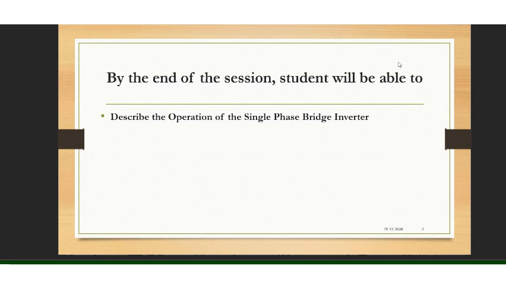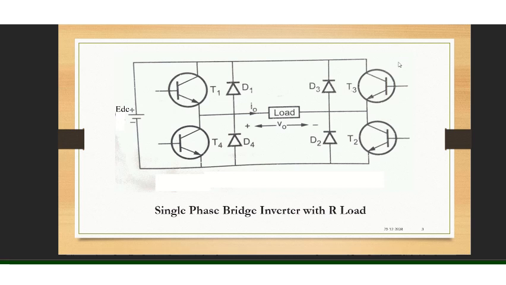The circuit for single phase bridge inverter with R load is shown in the figure here. As you can observe, there are 4 transistors and 4 diodes. The diodes are required for feedback when the load is inductive. Since the load here is R type, there is no role of the diodes D1, D2, D3 and D4.